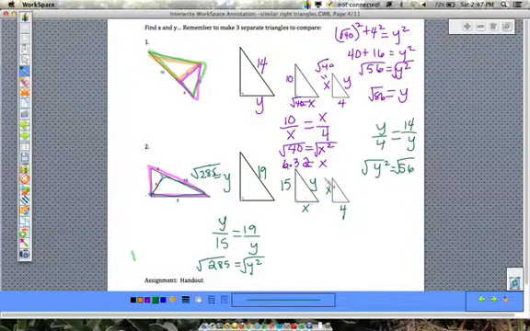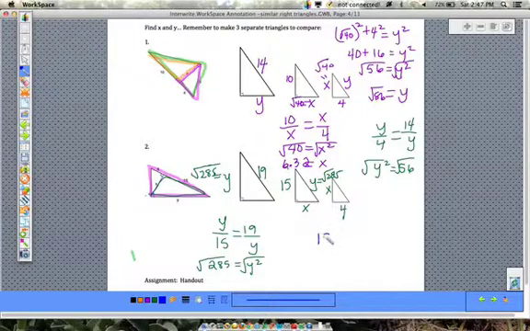So I could plug that in here, the square root of 285. And if I want, I can use the Pythagorean theorem, or I could set up a ratio. So I'm going to set up a ratio, looking at 15 and x and 4.